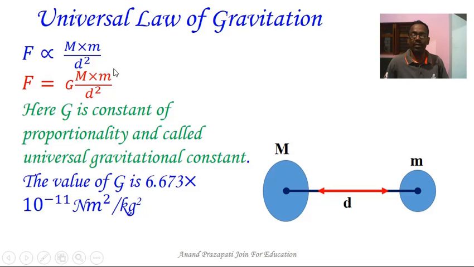The unit of the mass small m is also kg, and the SI unit of the distance between them, d, is meter. This red arrow indicates the direction of the gravitational force, along the line joining the centers of the masses of the bodies.